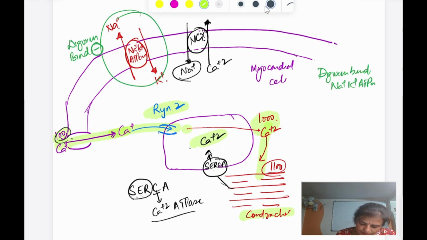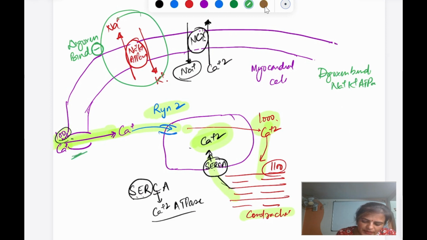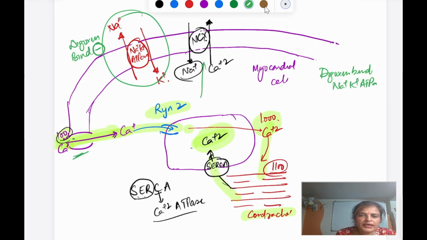Then this calcium is reuptaken by the sarcoplasmic reticulum with the help of SERCA, and the calcium which entered through the L type calcium channel is exchanged by the sodium calcium exchanger, and then the sodium which has entered the cell intracellularly, the balance is restored by activating the sodium potassium ATPase pump.